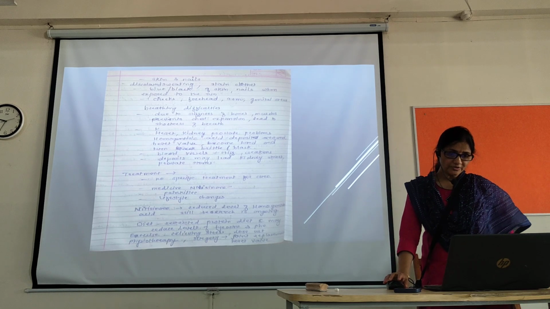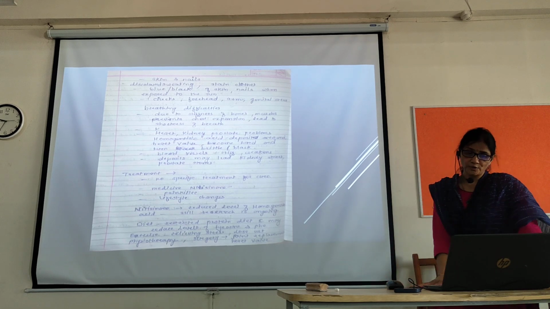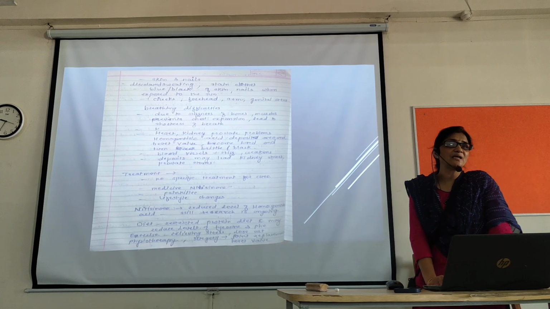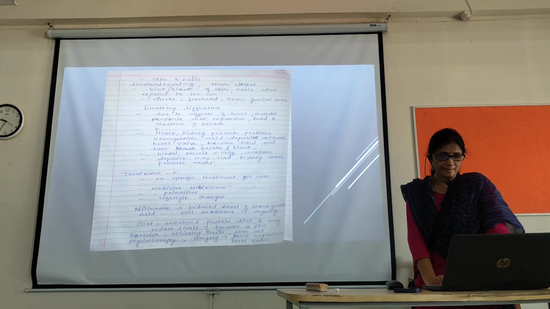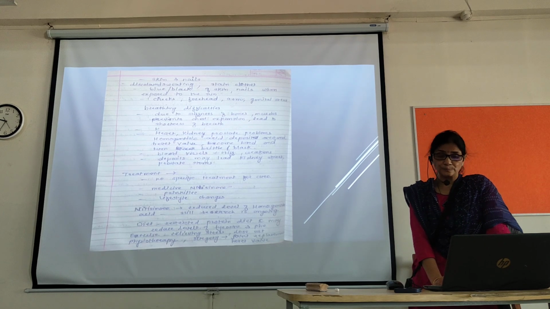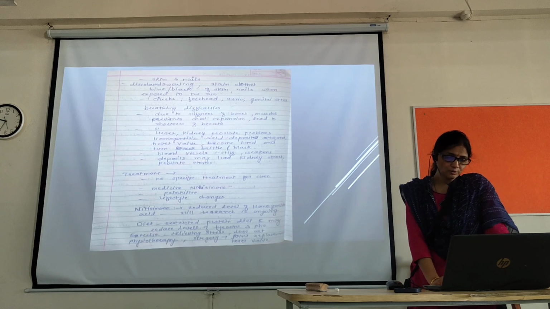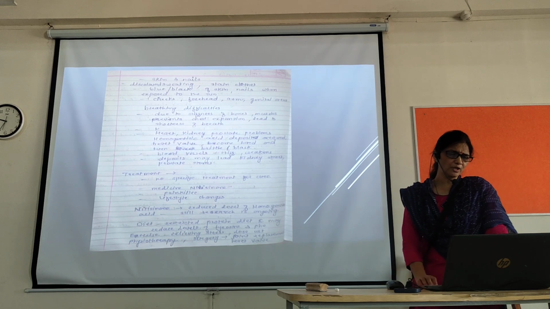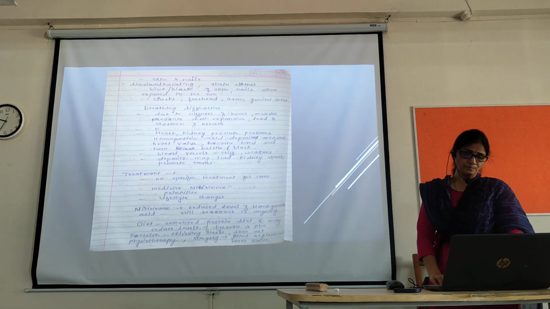And about the treatment, no specific treatment is given for this disorder, but medicine may stabilize the patient. Then painkillers are there, lifestyle changes. Then nitisinone reduces the level of homogentisic acid, and research is still going on this medicine.